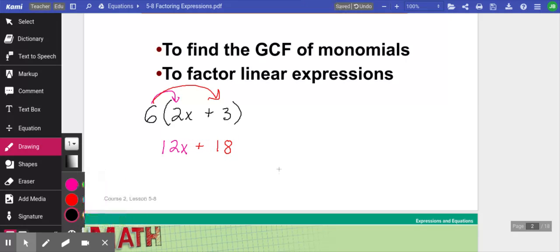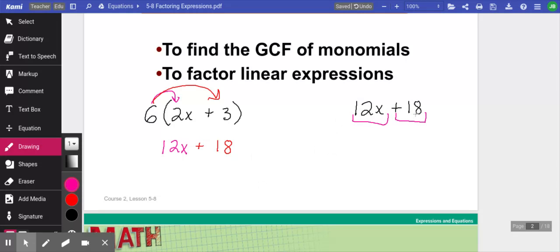Now, when we want to factor, we're going to start with 12x plus 18, and we're going to ask ourselves, what number can we take out of 12x and take out of 18 through division and still have whole numbers?